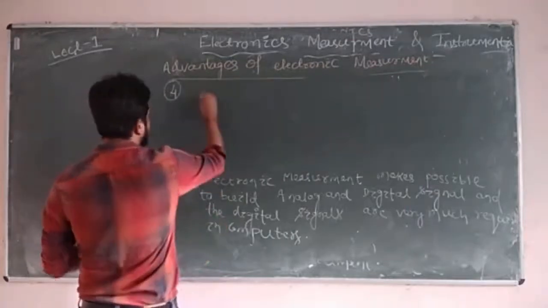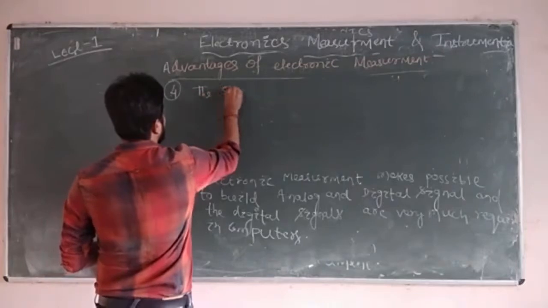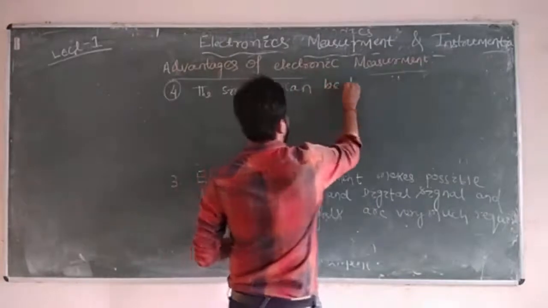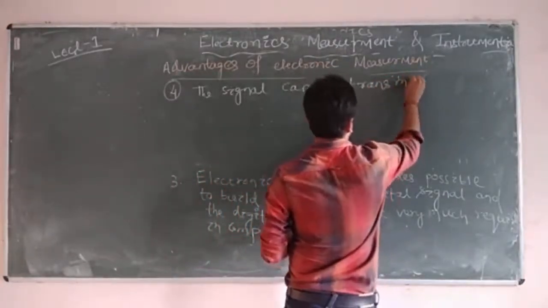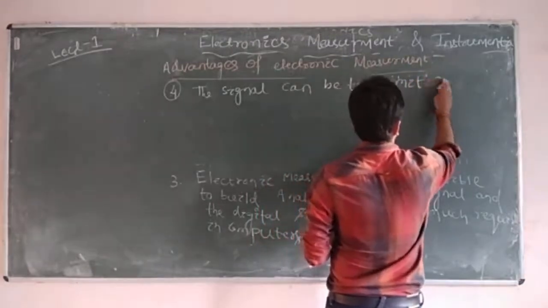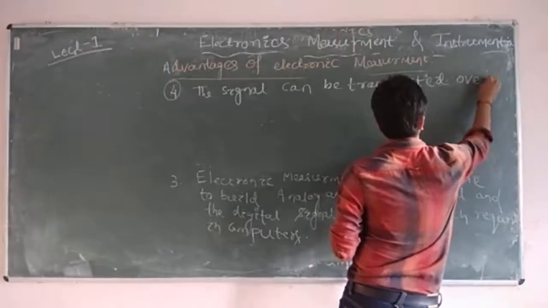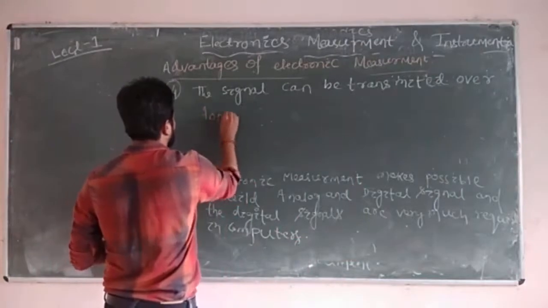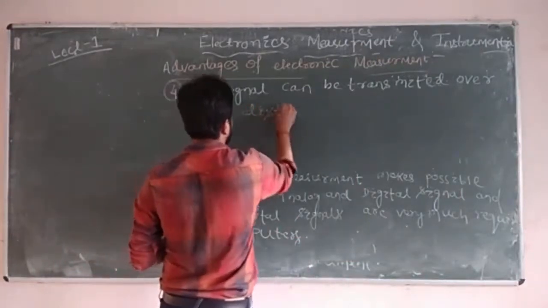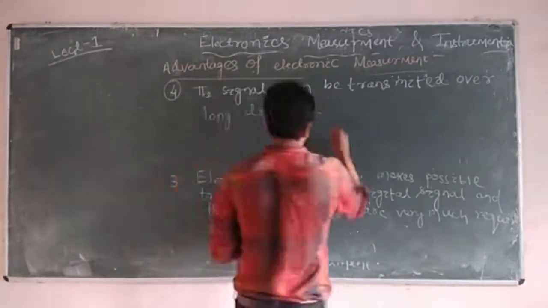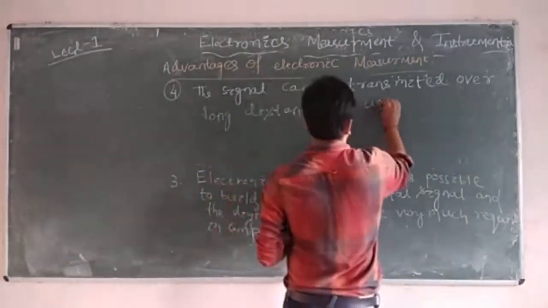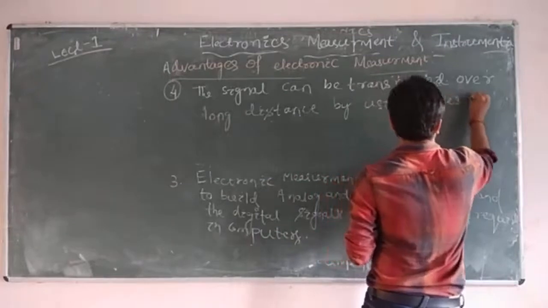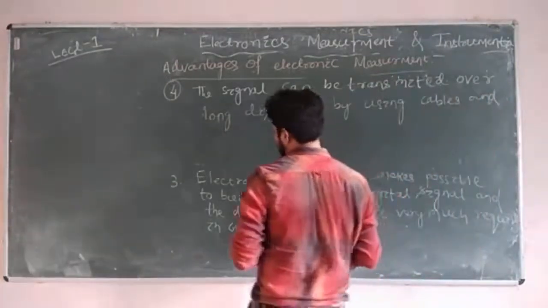The advantage of an electronic signal is that it can be transmitted over long distances by using cables and radio links, etc. Radio links means your antenna.